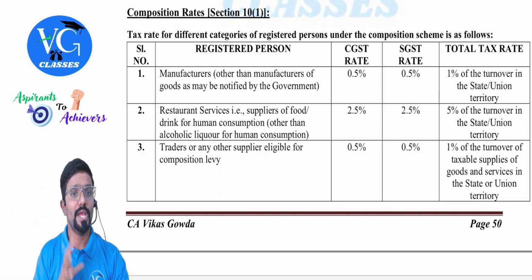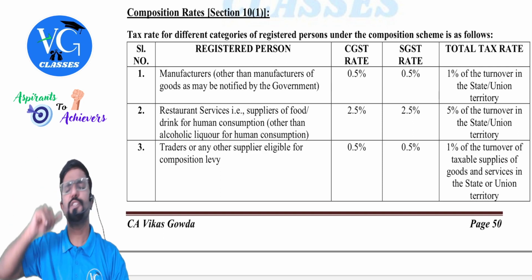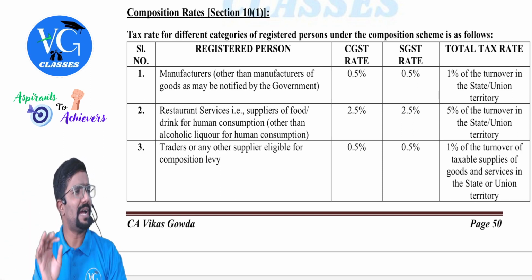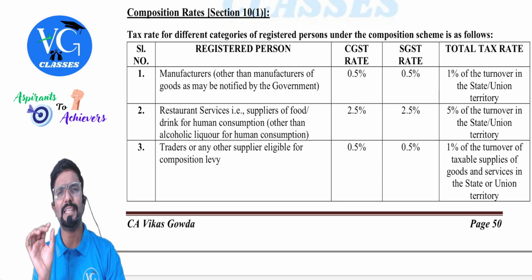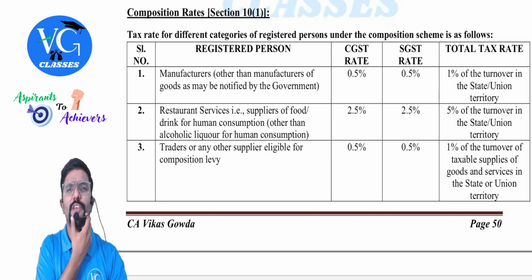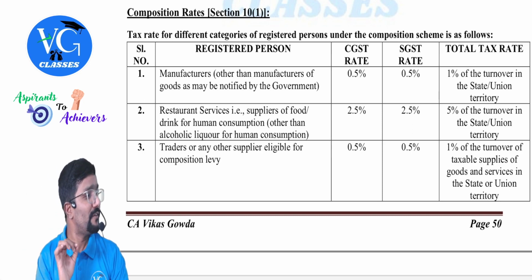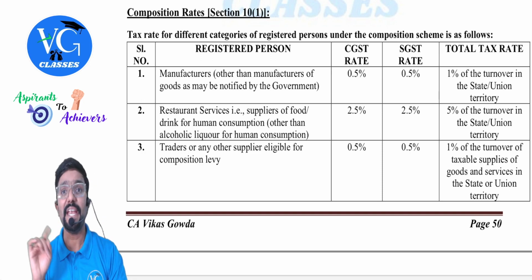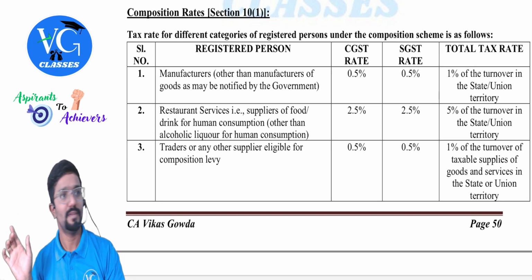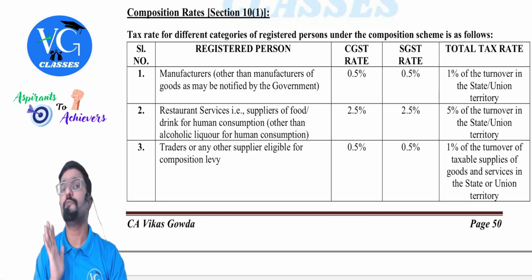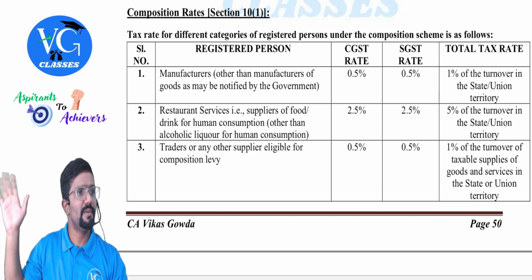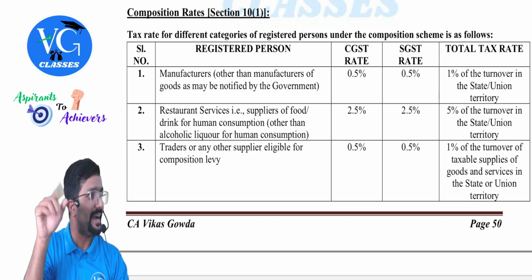What are those, guys? If you are a manufacturer of any goods, but other than a few goods, they have told that if you are a manufacturer of back tip, then you cannot opt for it. What are those products? We will see. It is a shortcut given by me, back tip.